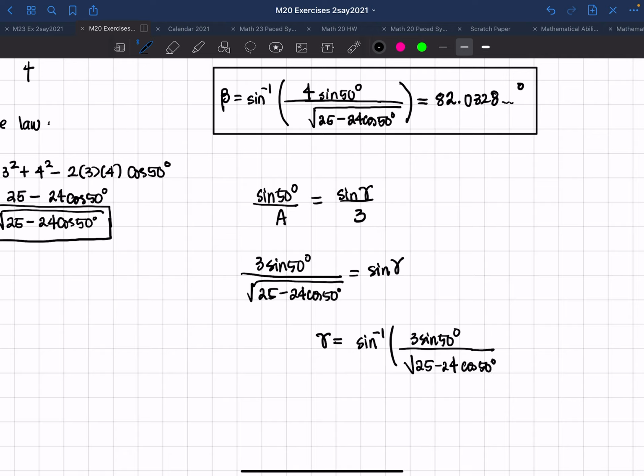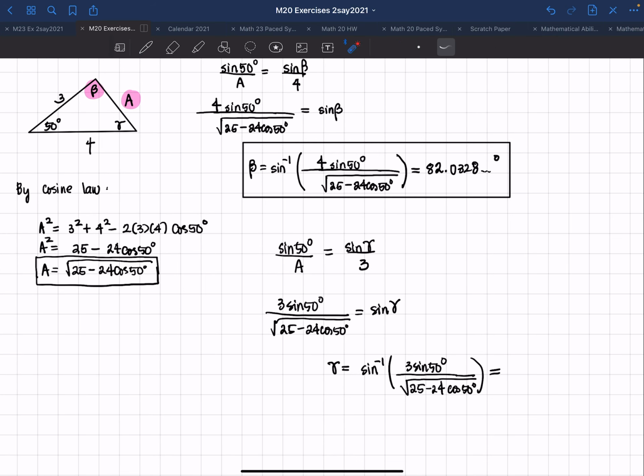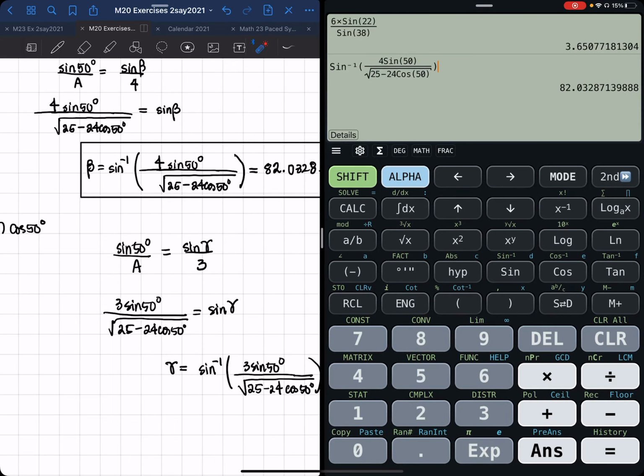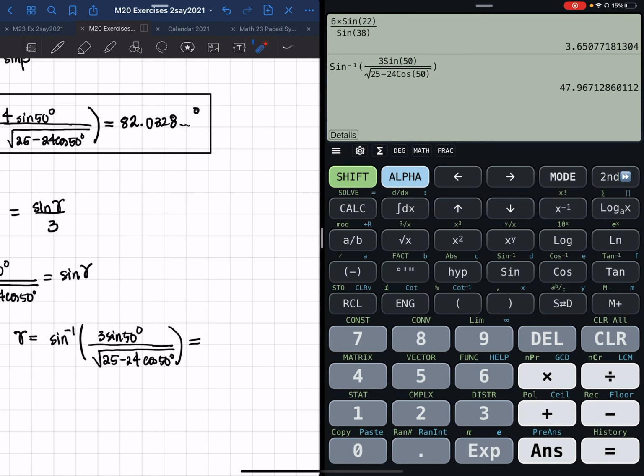Cosine 50. Halos kamukha nung sa previous problem, no? Yung 4 naging 3 lang siya. Okay, para pag pinasok natin sa calcu. Sige na, i-type na natin ulit. 3 sin 50 divided by square root na 25 minus 24 cosine 50. 47 point something daw.